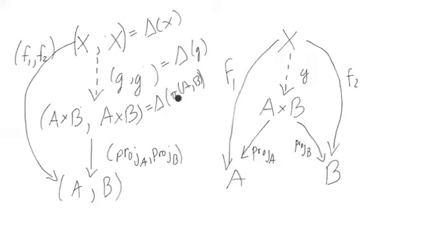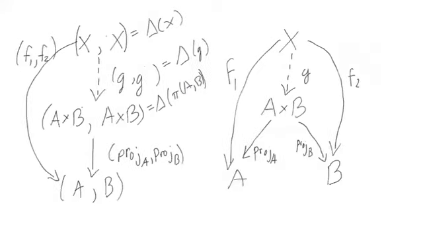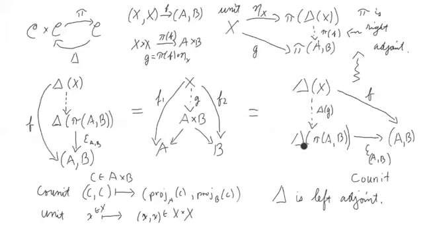Taking a look at that, that's exactly what's happening here. So pi of AB was how I was describing A cross B. Okay, so then we know that in that particular case, we have that the product is right adjoint and delta right here is left adjoint in this finality that we have going on right here.